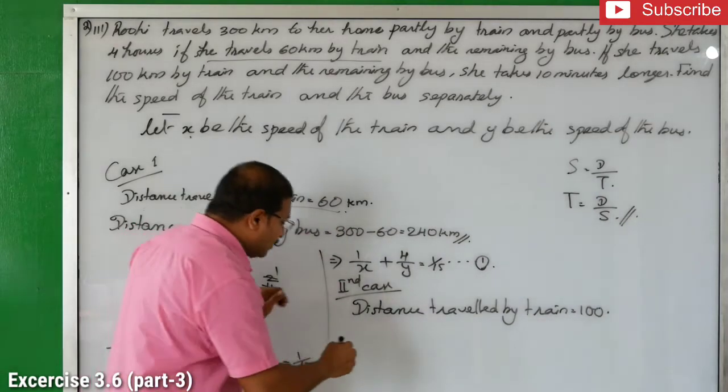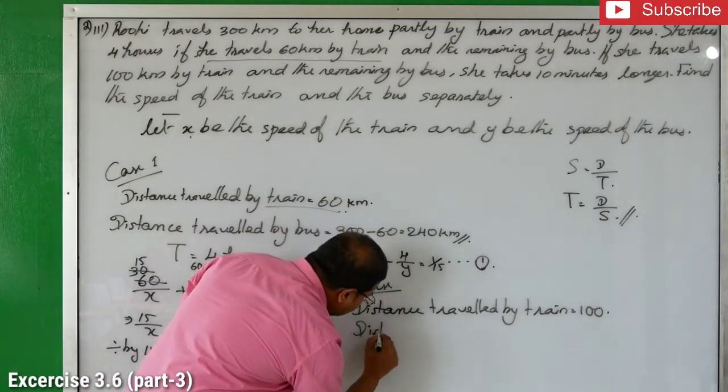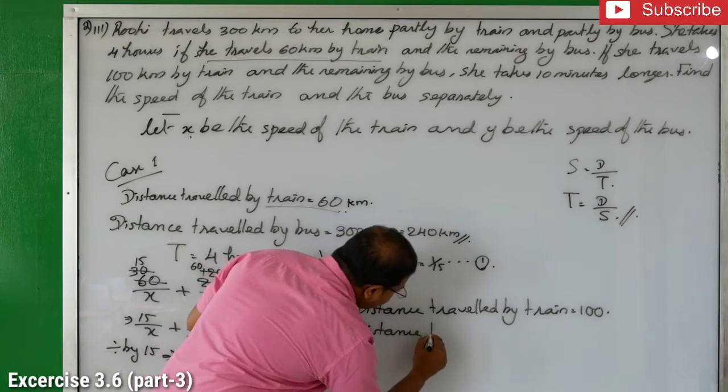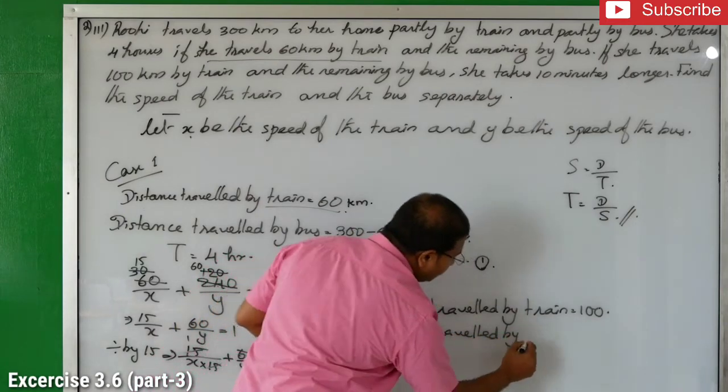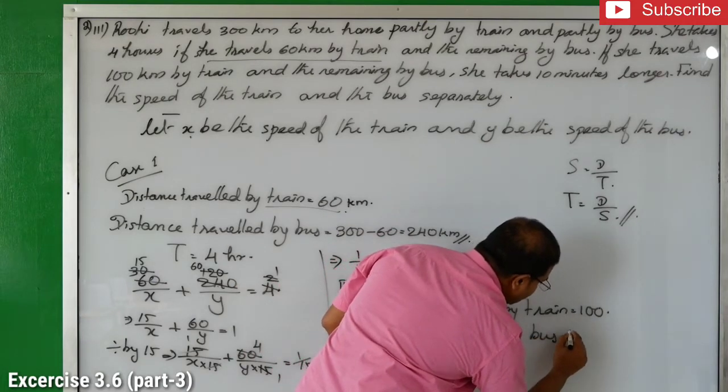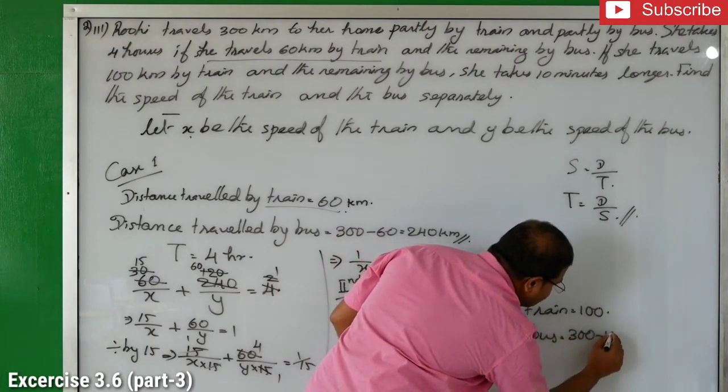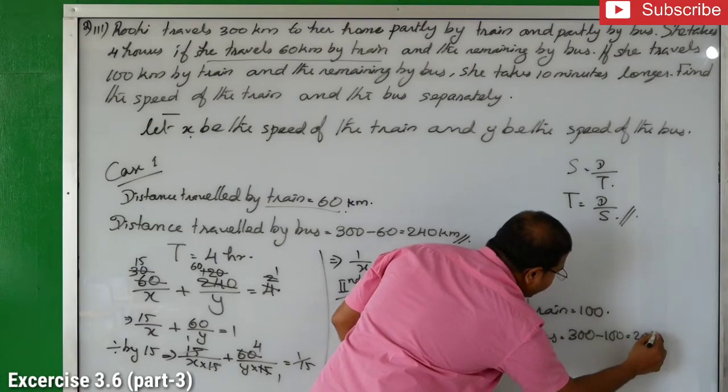Remaining by bus means what you'll do? Distance traveled by bus equals, total is 300. So 300 minus 100 equals 200.